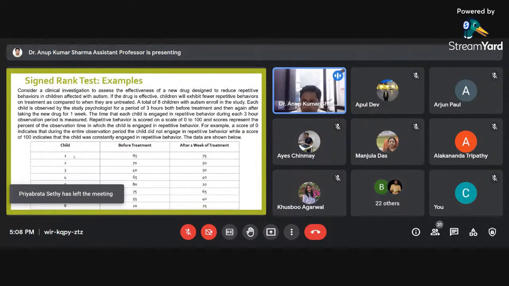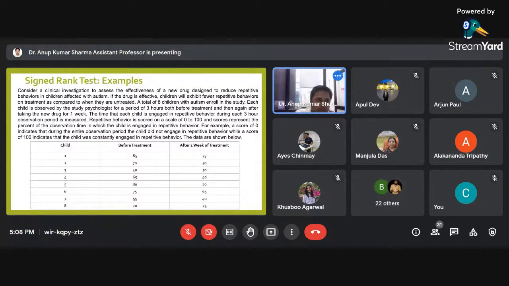Now immediately one example, the sign rank test. Here we have 8 children. A clinical investigation asks whether a new drug is effective in reducing repetitive behavior of children affected with autism.